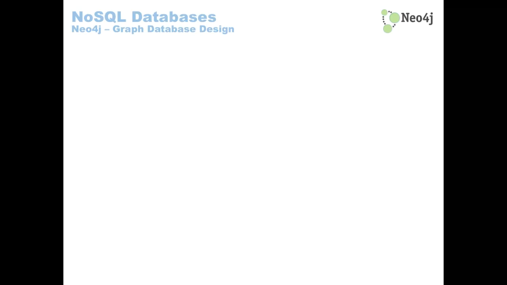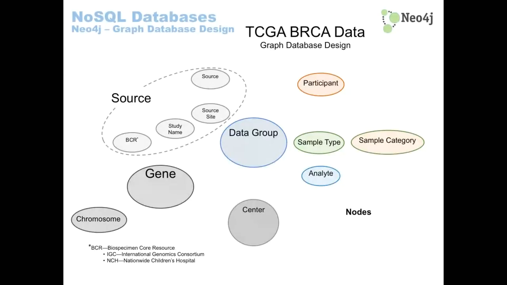So one other graph database that we designed was for the Cancer Genome Atlas, the BRCA, breast cancer data. And this is ongoing. It's kind of in a hiatus right now, but we designed and built the database. But first of all, we needed to figure out what are the nodes that we needed, the different entities.